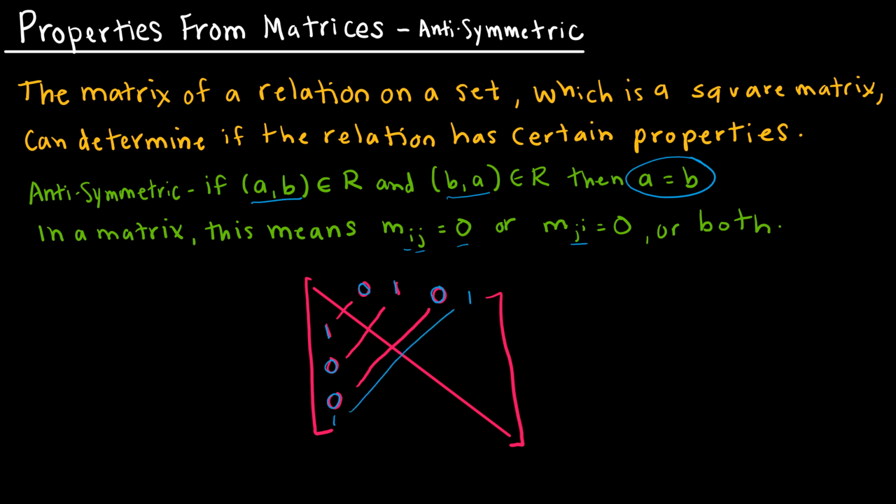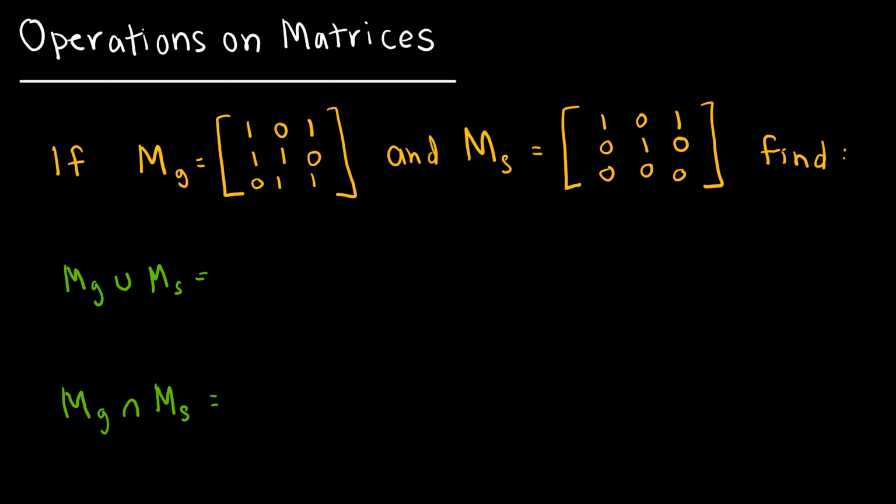Now let's look at a couple of operations on matrices. These should come right back to you because we've reviewed them this year. Let's talk about how to find the union of matrices. The union of matrices is really just the OR. Remember we talked about meets and joins.